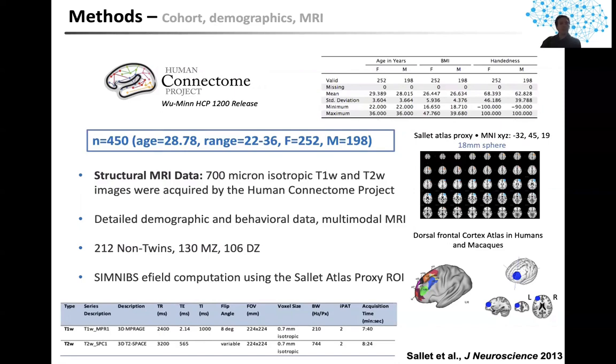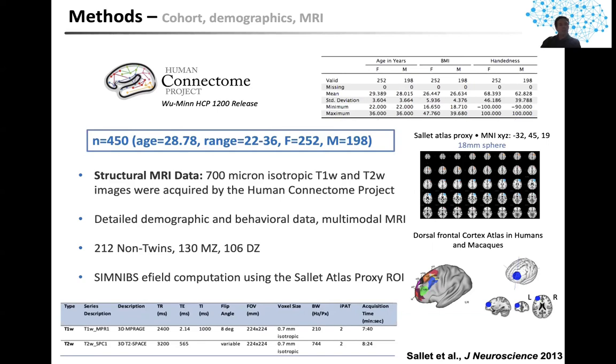The structural data has a spatial resolution of 700 micron isotropic, T1 weighted and T2 weighted images that were all acquired by the Human Connectome project. There are detailed demographic and behavioral data and also multimodal MRI. There are 210 non-twins, 130 monozygotic twins, and 106 dizygotic twins.